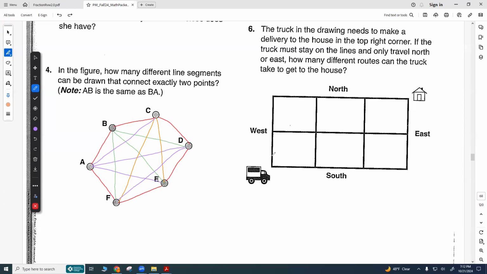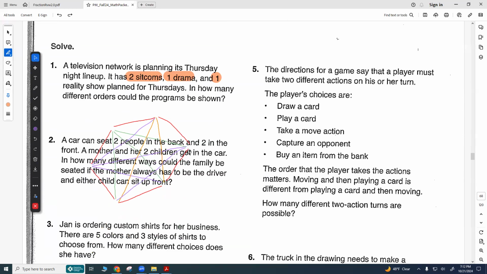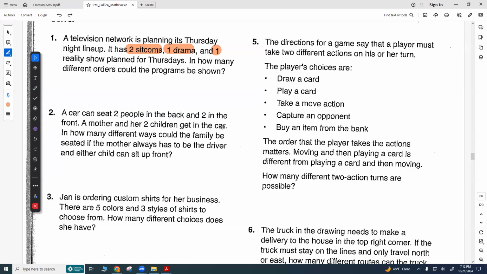All right, let's look at number 5. The directions for a game say that the player must take 2 different actions on his or her turn. You can draw a card, play a card, take an action, capture an opponent, or buy an item from the bank.